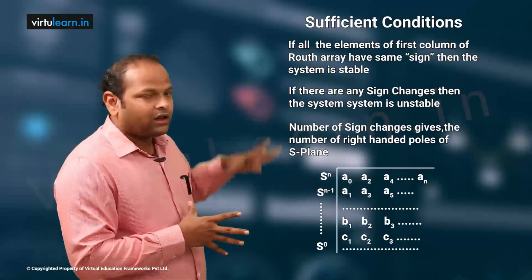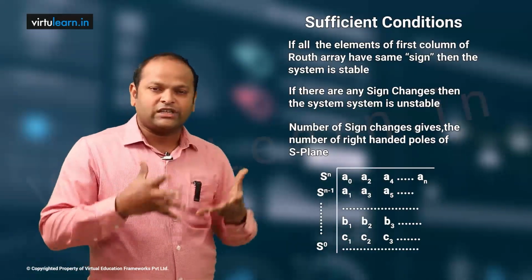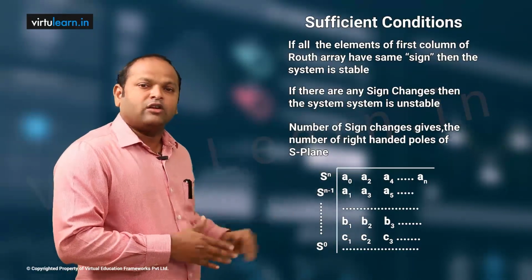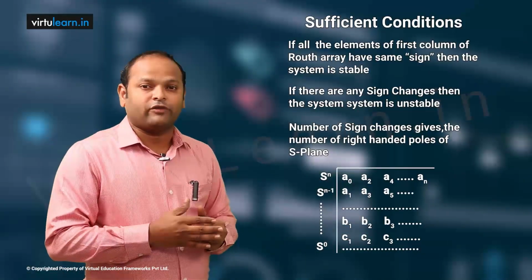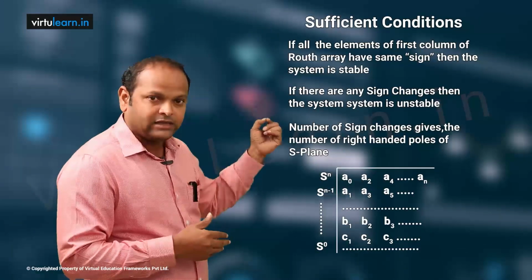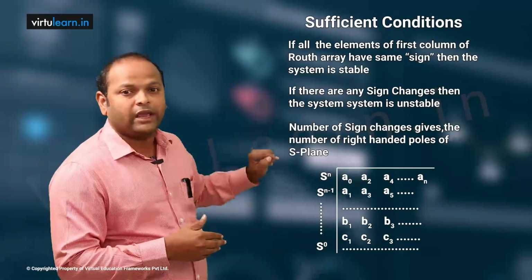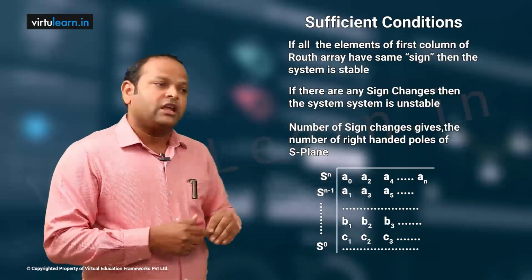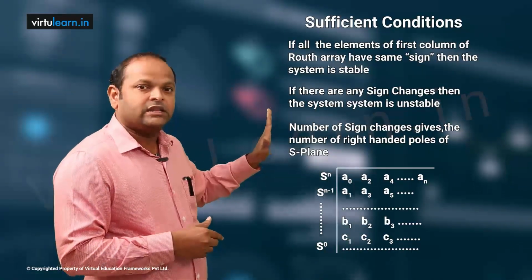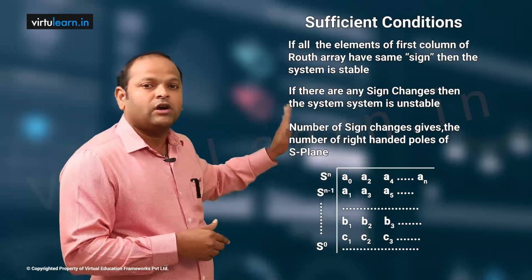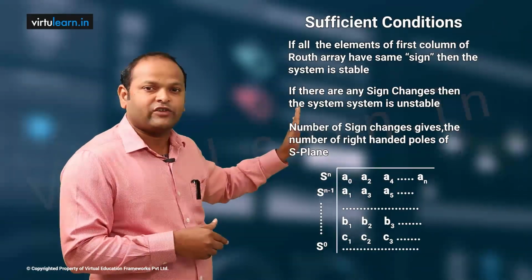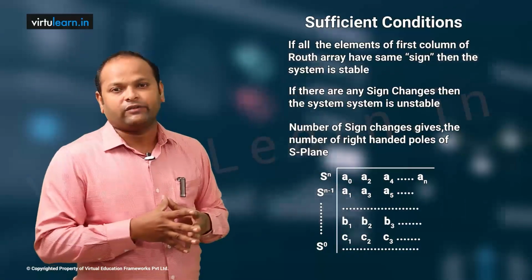So in the Routh's array, once the calculation is completed, you just look at the first column and not the values. Sign is important for me. So look at all the signs. If all the signs are the same, my system is stable. Why is the system stable? If there are no sign changes, there are no poles of the closed loop system or no roots of the characteristic equation lying in the right half of the S-plane.